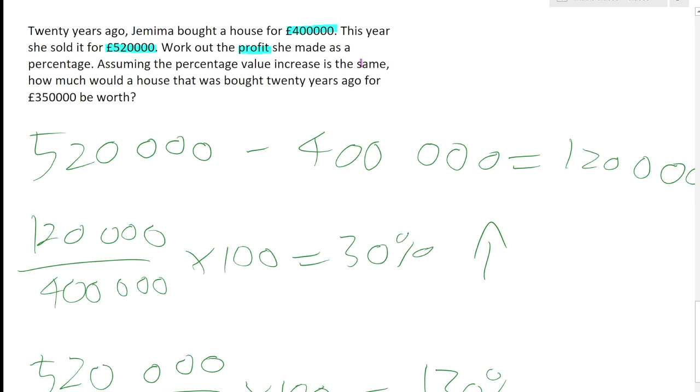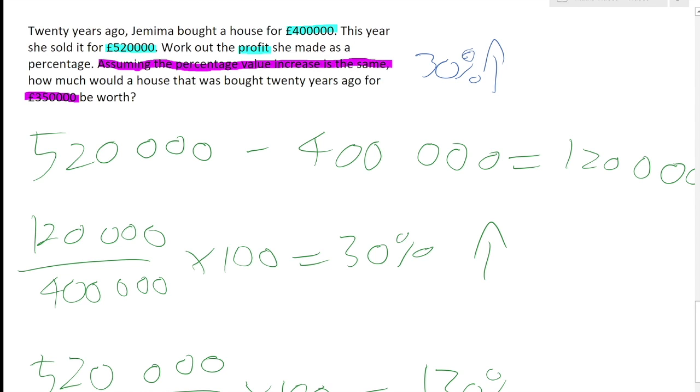How much would a house that was bought 20 years ago be worth? Basically just saying you're doing this, you're just increasing this number, £350,000, by 30%. So we know this was a 30% increase.